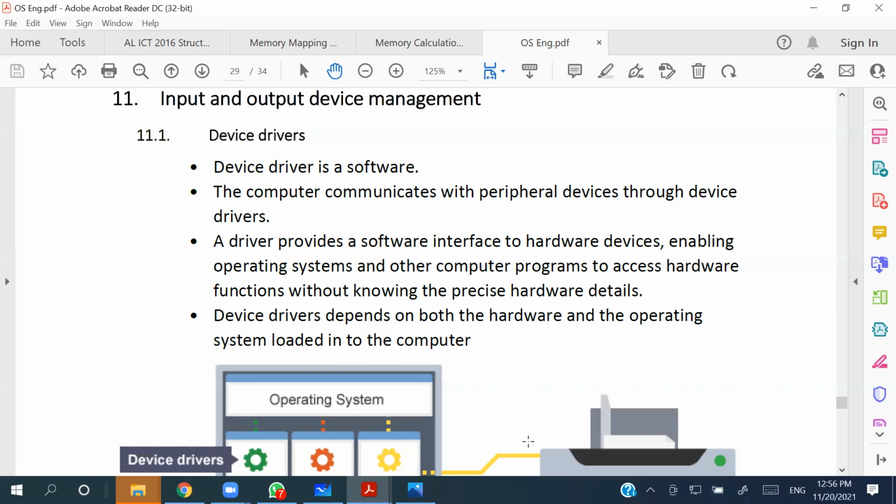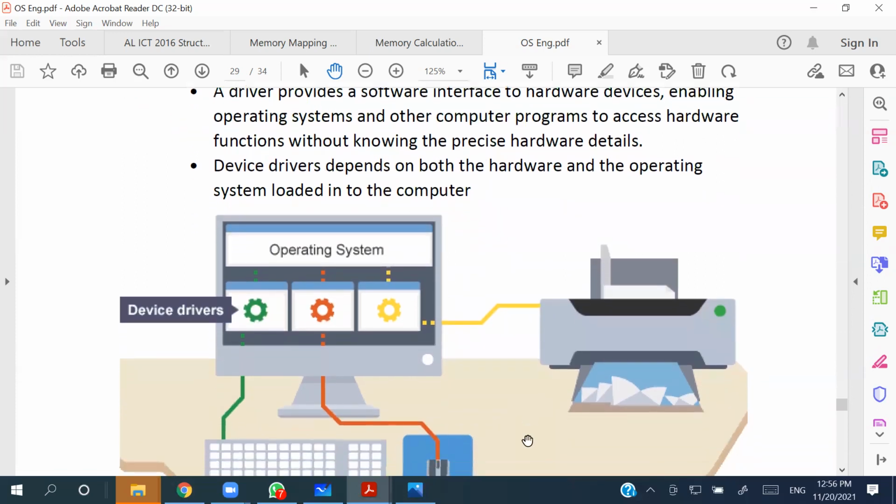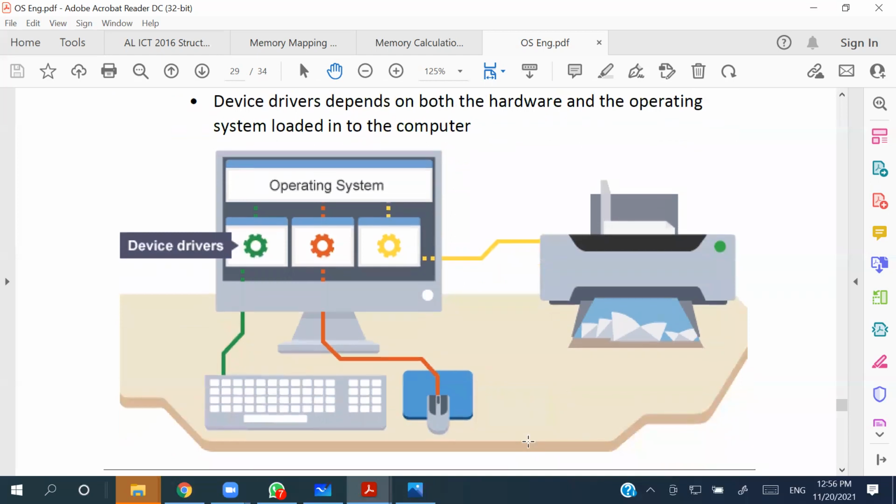So operating system will use these device drivers to introduce these peripheral devices into the computer system, right? So without the device drivers, operating system will not be able to have this communication, right? It's not only the operating system. Operating system use device drivers with it to identify the devices which is connected to it.